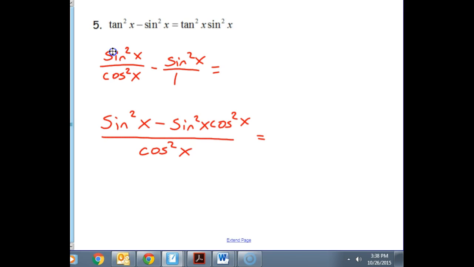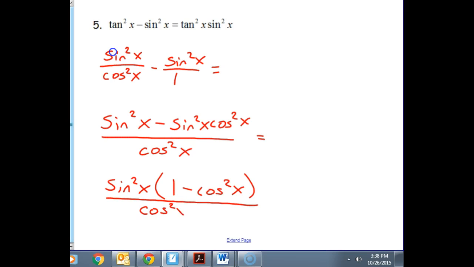What could I do now? I can factor out a sine squared x. Sometimes it's just trial and error. What can you do? Taking out a sine squared x gives me 1 minus cosine squared x, and you can see why I did that, over cosine squared x.